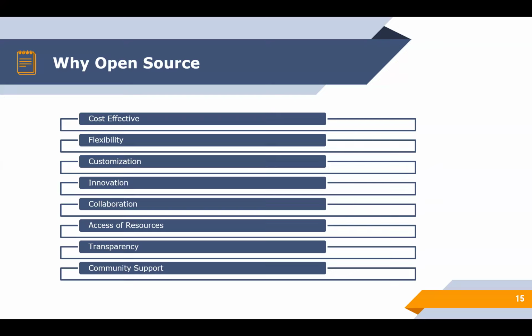Collaboration, because as I already told you, there is a big group continuously working in open source. So collaboration is very high in open source as compared to licensed software. Access to resources, transparency, and community support.